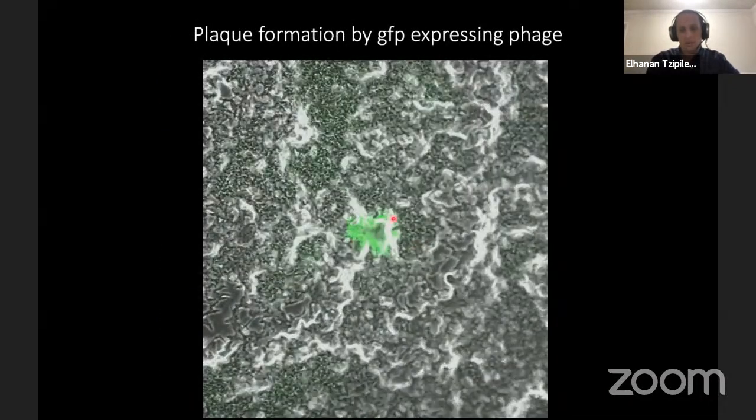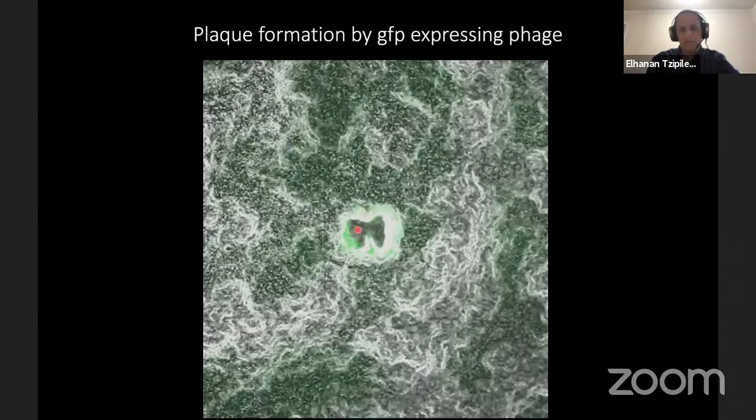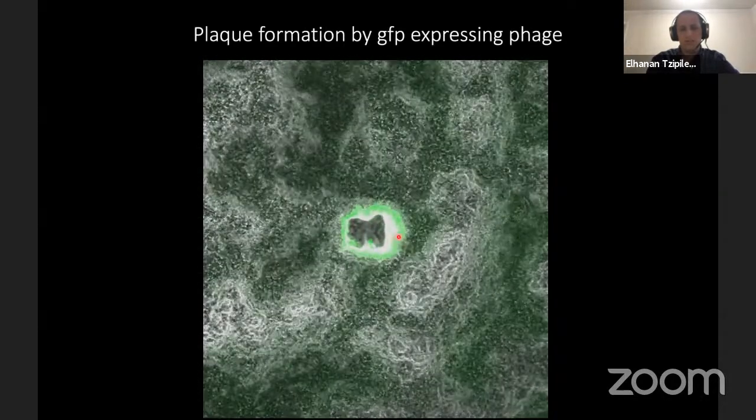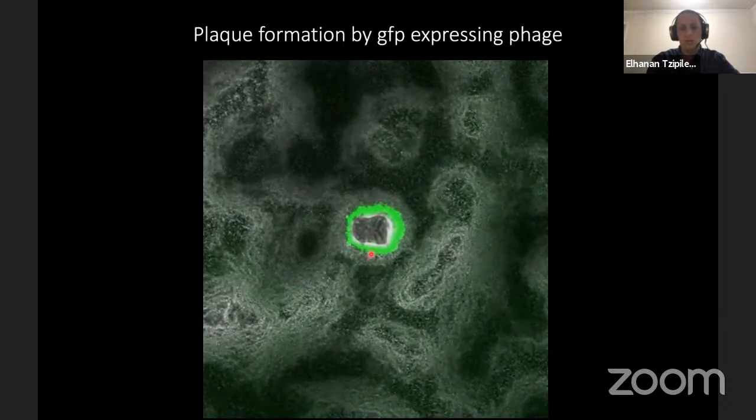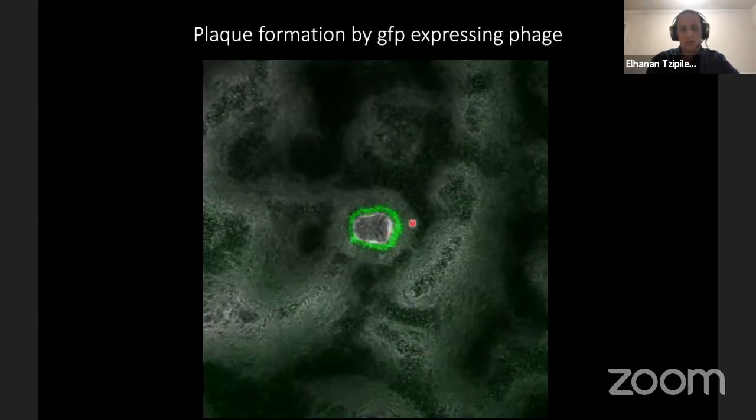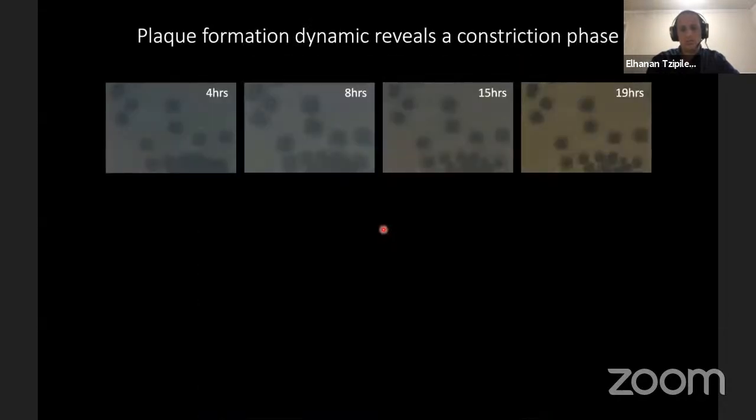This is also plaque formation by GFP labeled phages, and you can see here the same phenomenon of plaque growing and shrinking. And as you can see here, also during shrinking, there is a high concentration of phages inside the plaque. And after we observed this phenomenon in high resolution, we found that we can also observe it on normal plates. When we monitor them over time, we see the plaque growing and then shrinking back.